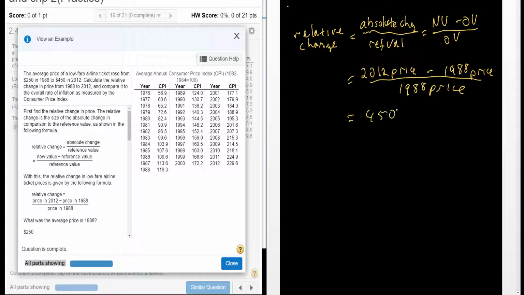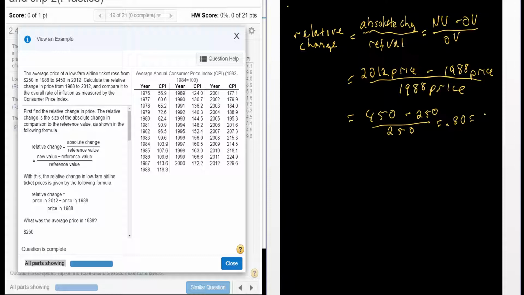It should be 450 minus 250, divided by 250, which gives me 0.8, which is the same thing as 80%. So we found the relative change.